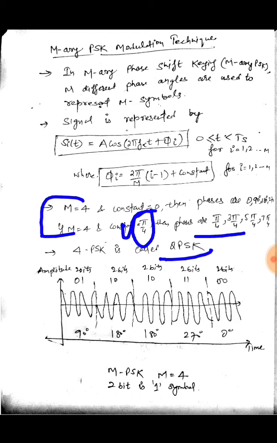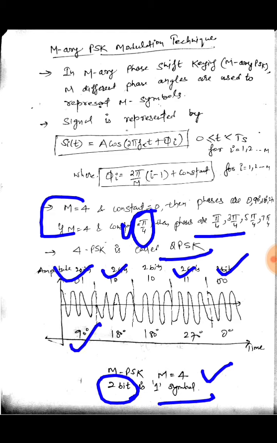So if we have MPSK for which M is equal to 4, 2 bits will be used to represent one symbol, that is 01, 10, 11 and 00, and for all these we will have different phase shifts, that is for 01 we will be having 90 degree, for 10 we will be having 180 degree, for 00 we will be having 0, and for 11 we will be having 270 degree phase difference.